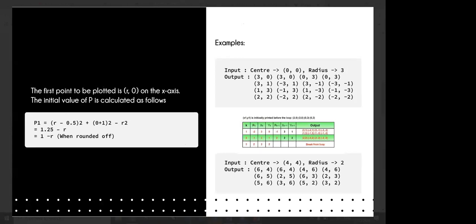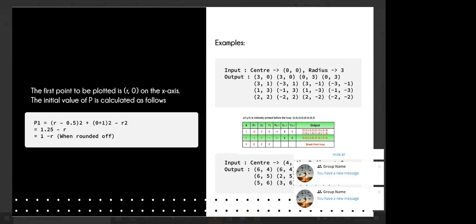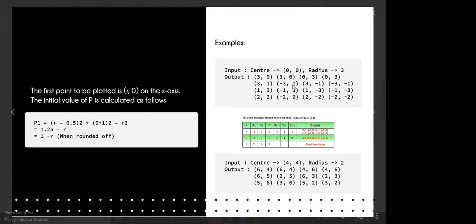This is how points are going to be calculated and plotted, starting from (R, 0) on the x-axis. The initial value of P is calculated as follows: P1 equals 5/4 minus R, or 1 minus R. So it's going to give us rounded corners, and when a straight line goes a bit curvy, not round, but a bit curvy.